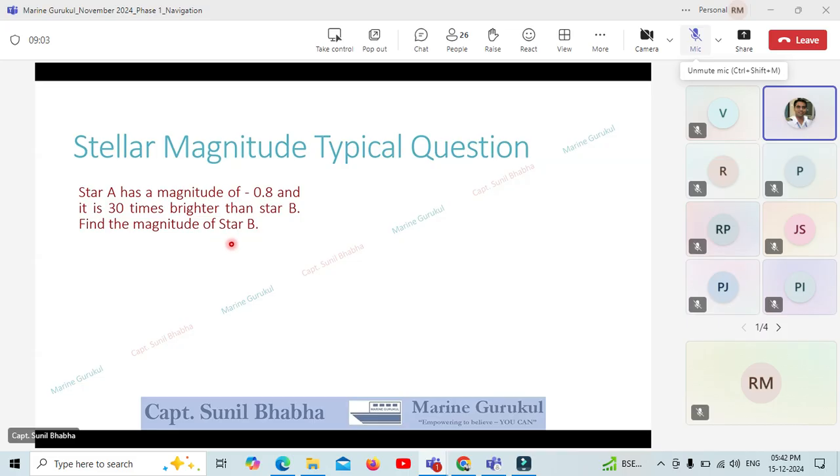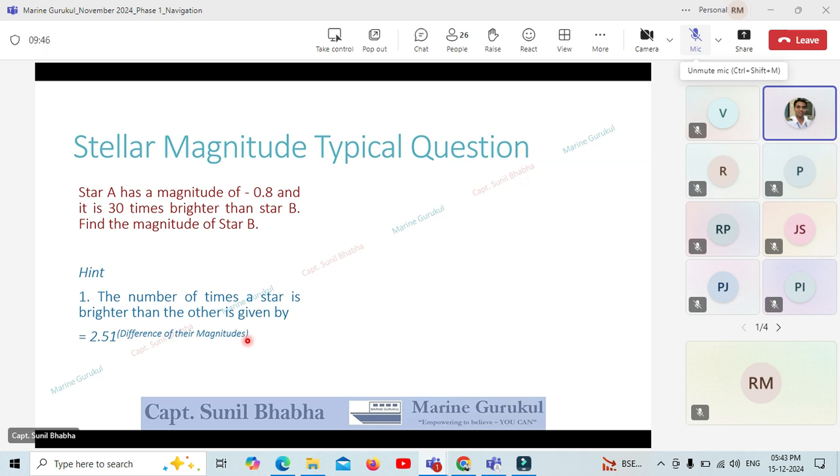Now, for doing this question, we need to be aware of two things. Number one, that the stellar magnitude gives us a formula or a relationship with which we can find out how many times a particular body is brighter or dimmer than the other body. What is that formula? The number of times a star is brighter than the other is given by the formula 2.51 raised to power the difference of their magnitudes. So this is the formula which we will be using in this question.